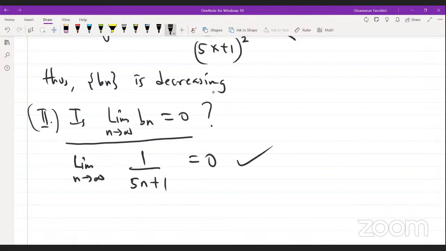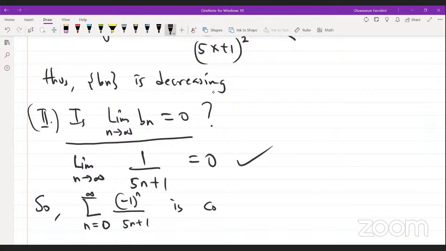Awesome. So this series, n from 0 to infinity, negative 1 to the n divided by 5n plus 1, is convergent, right? It converges by the alternating series test.